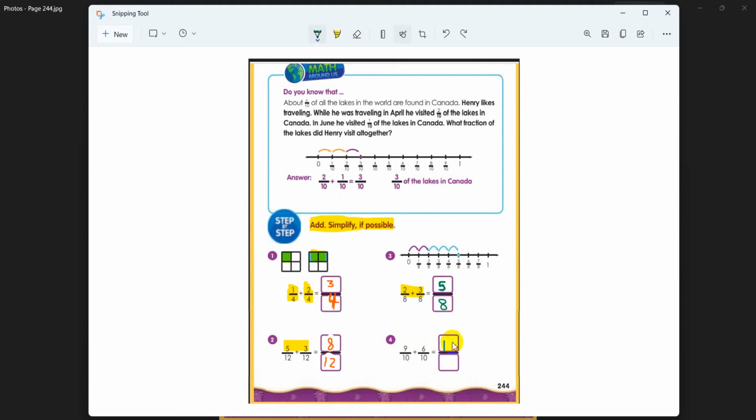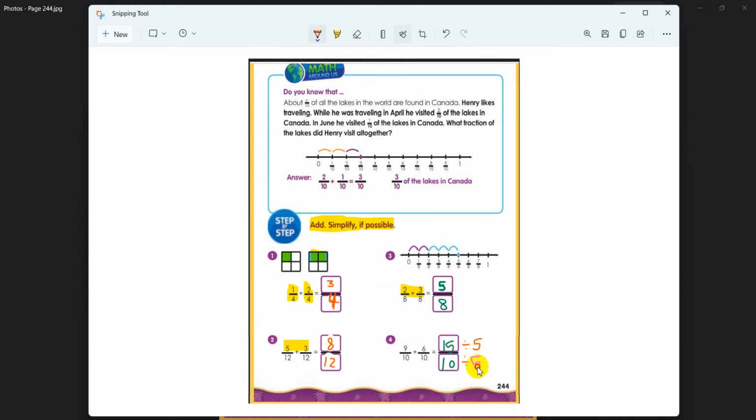But in this question we need to simplify. Look here, we have 15 over 10. They have a common factor, so we can divide by 5. The common factor for 15 and 10 is 5. We can divide the numerator and denominator, both of them, by 5.